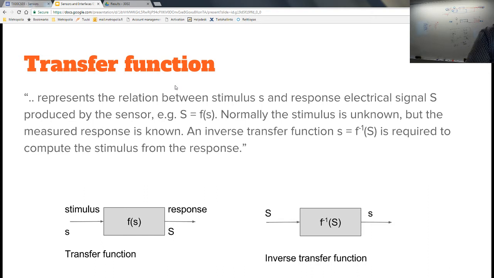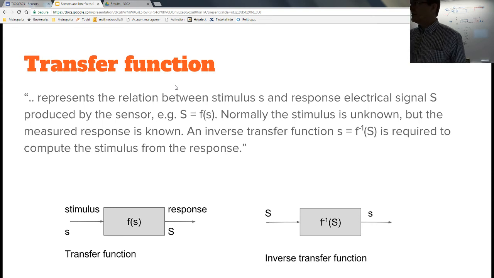And basically the transfer function says what the output is when you have this kind of stimulus. Okay, this is quite nice. Physics is about finding the transfer function, but engineering requires the inverse transfer function.